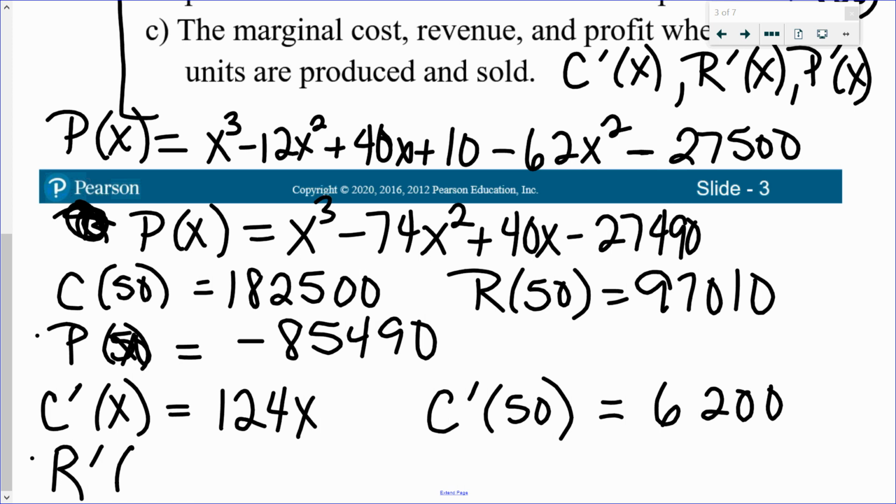R prime is 3x squared minus 24x plus 40.